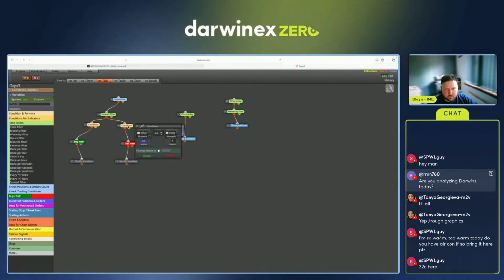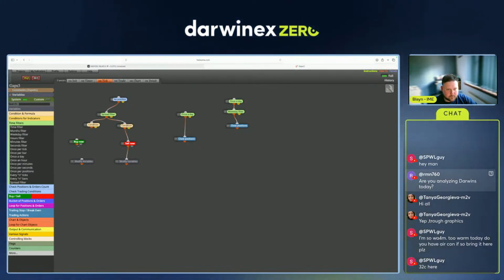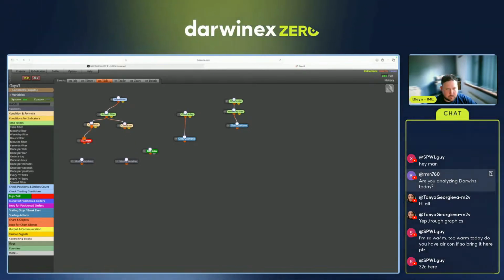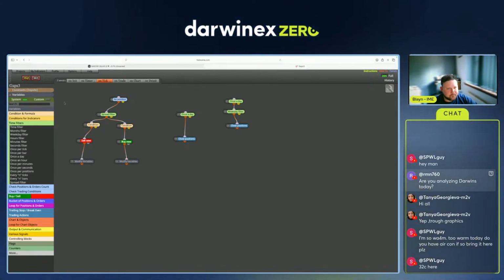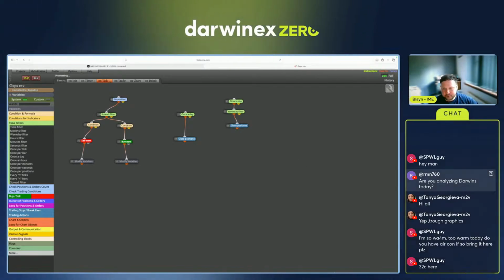What we want to do is, we need to switch these around. Let's call it rev, because we've reversed the rules.